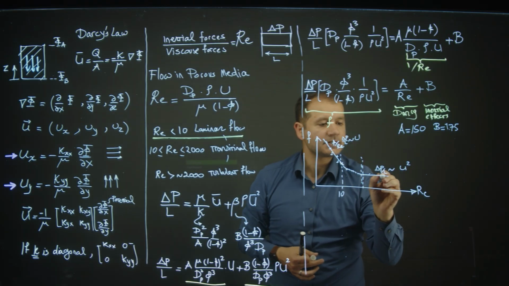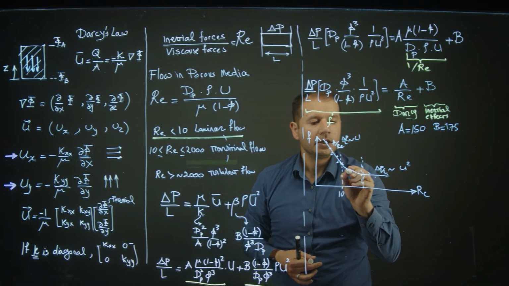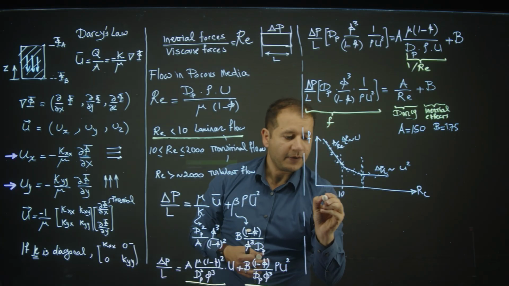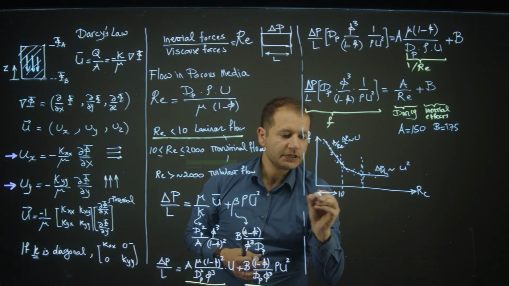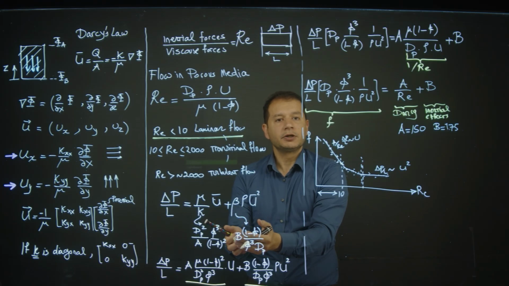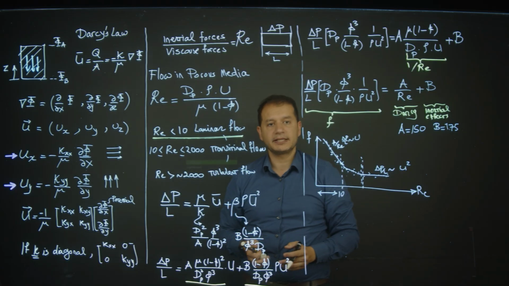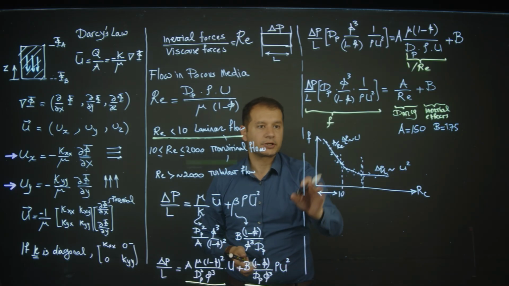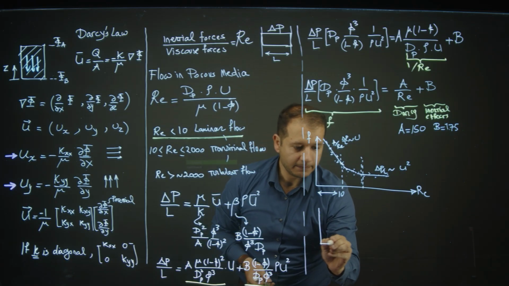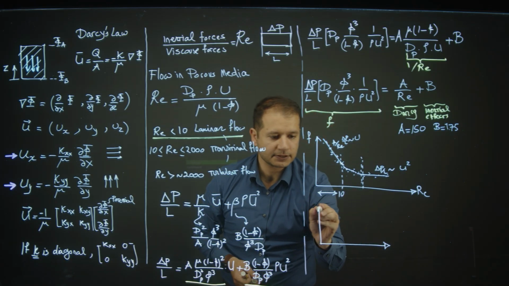This actually has been studied in the lab also. At some points it has also been confirmed that the validity range for Darcy's law, to say that pressure drop is a linear function of velocity, Darcy velocity, is only valid for Reynolds smaller than 10, which is actually this part. And as you see, there is one other element that you can quite interestingly study.